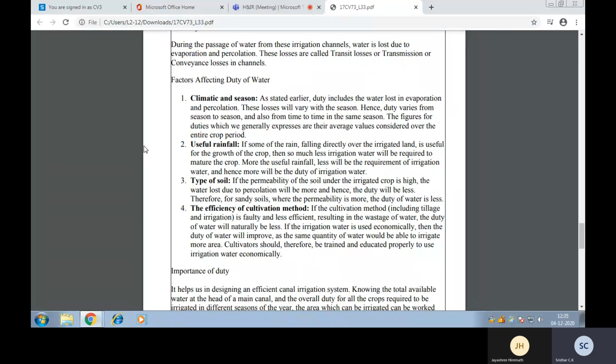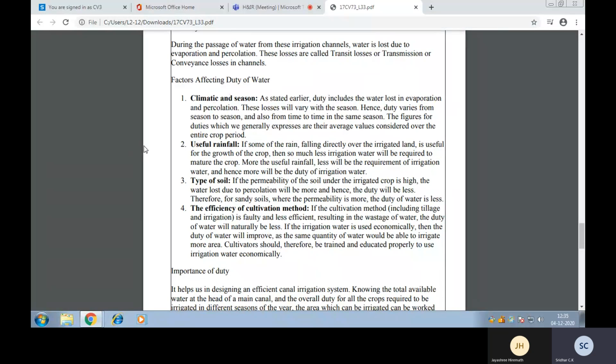And there is another type of loss. When there is a loss of water due to evaporation, then we require a higher depth of water for the development of the crop. That is one thing. Another important thing is the type of soil.